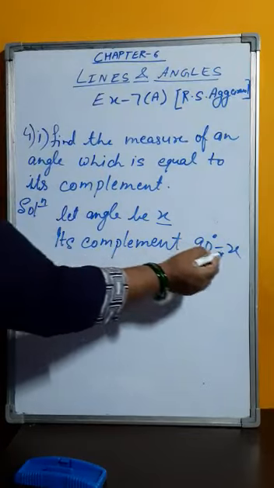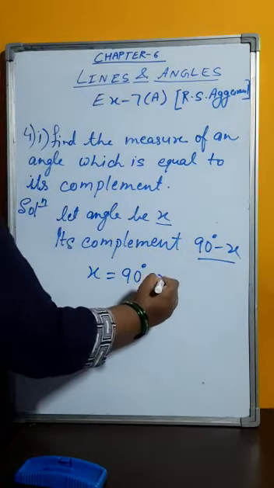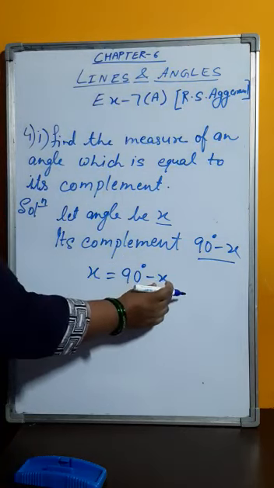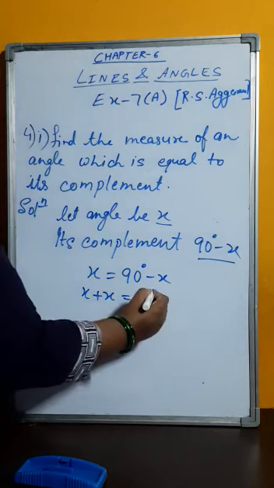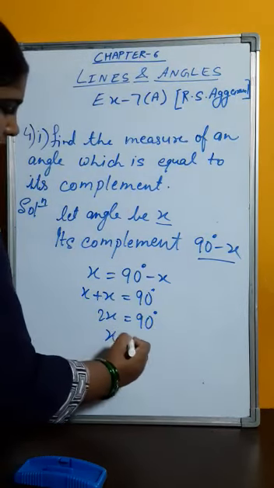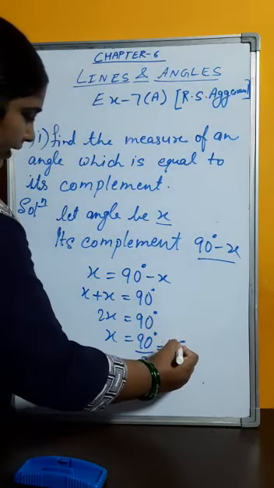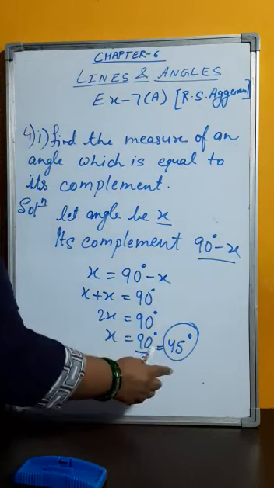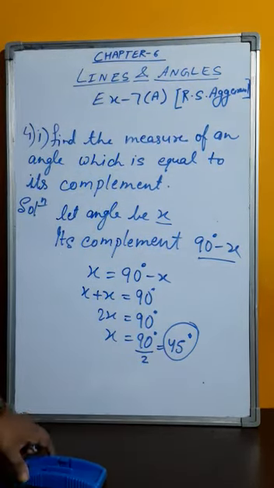This means x is equal to 90 minus x. Complement and the angle both are equal. This x will shift this side. We have x plus x is equal to 90, or 2x is equal to 90, or x is equal to 90 by 2, which is coming 45 degree. So 45 degree is an angle which is equal to its complement.